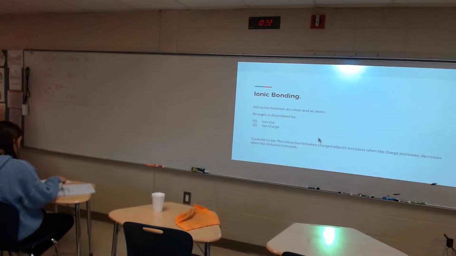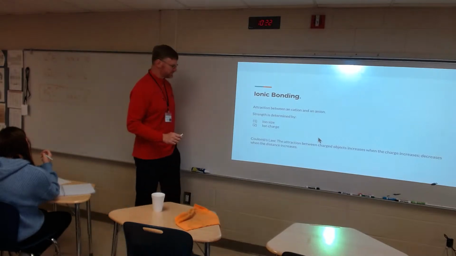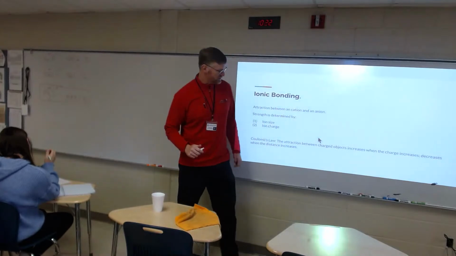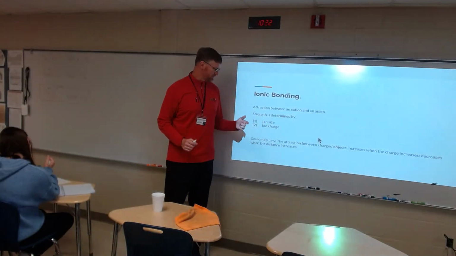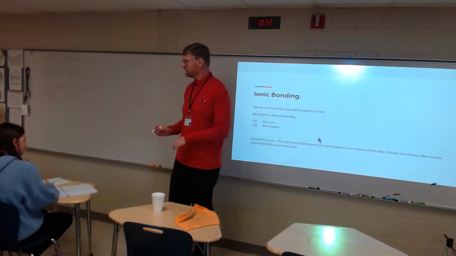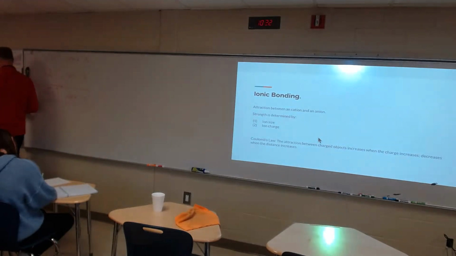We have a rule here called Coulomb's law. It says the attraction between charged objects increases when the charge increases, and decreases when the distance increases. You need to remember that statement. Not right this instant, but by the next statement you need to know that.